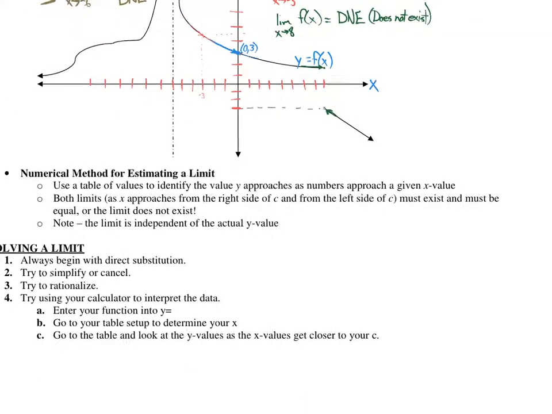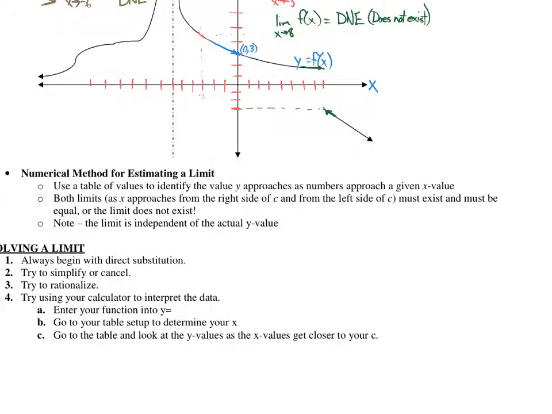Well, that's where this right here, the numerical method for estimating a limit, is useful, okay? We're going to use a table of values in order to estimate a limit for a function that we maybe can't do algebraically or whatnot, okay? Now, one thing here, and we just saw this up here, but this second bullet point is important.